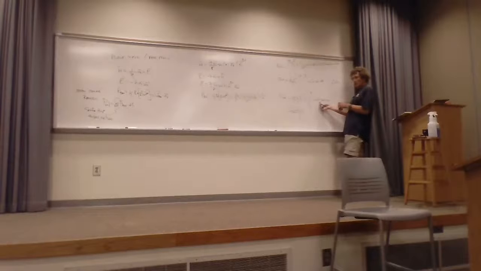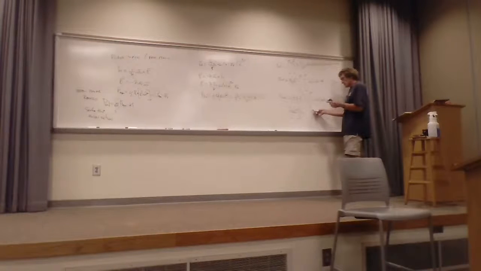If u is cosine theta, then when theta is 0, cosine of 0 is 1. And when theta is pi, cosine theta is minus 1. So I need that integration, right?